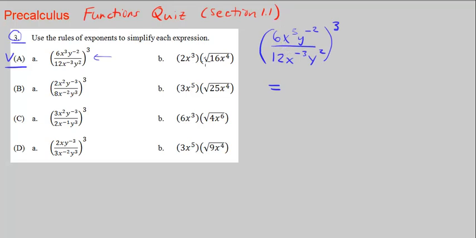So let's first look at how to simplify this. How do we simplify 6 over 12? Since everything's being multiplied and divided, we can separate it like this, right? So 6 divided by 12 is the same as 1 divided by 2.